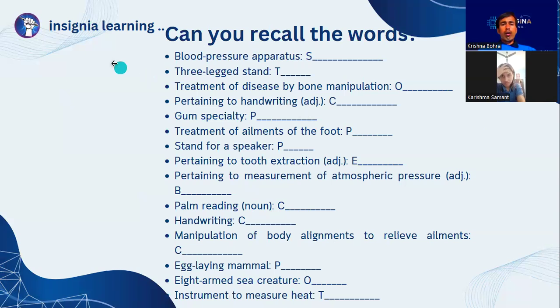Okay, we would also have liked to do the word recalling session, but we have a time limitation, so we are trying one or two. Blood pressure measurement: what instrument do we use? Sphygmomanometer.